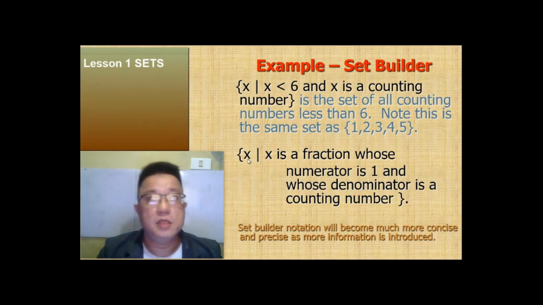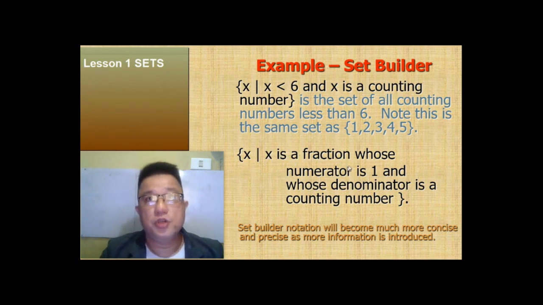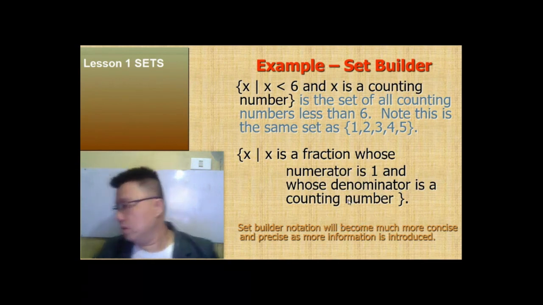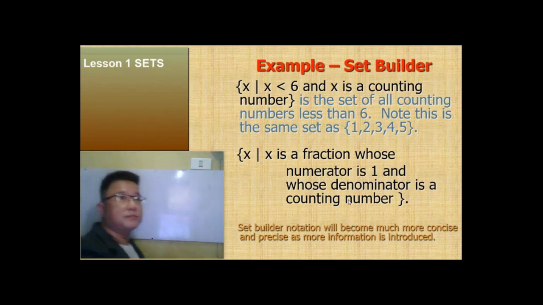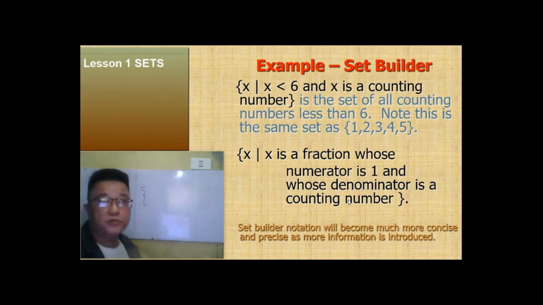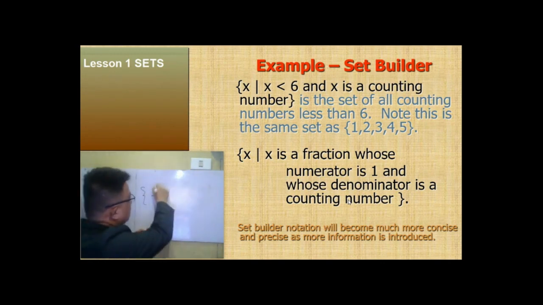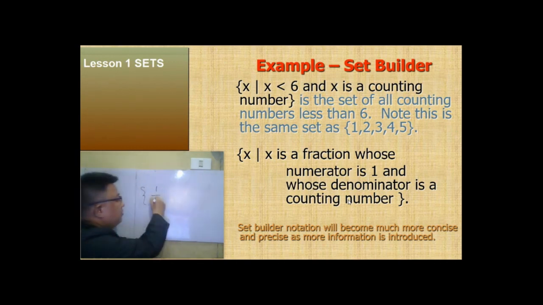How about this example? The variable x such that x is a fraction whose numerator is 1 and denominator is a counting number. Let's list down the possible elements. The numerator is 1 and the denominator is a counting number. The first counting number is 1.